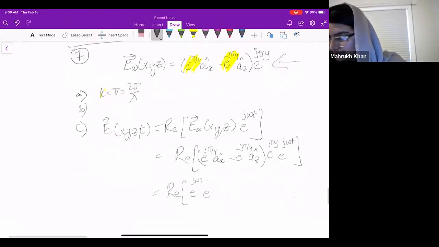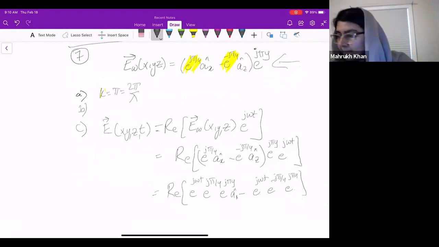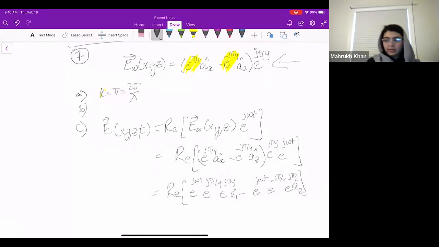So this will become ax, okay? And I will stop here because from here on, you should be able to write the time domain expression. Time domain expression means that you need to write it in terms of cos ωt.